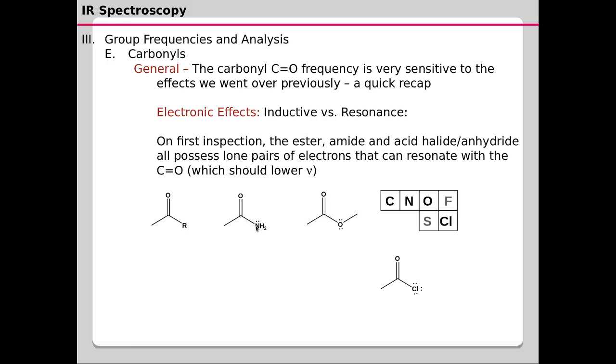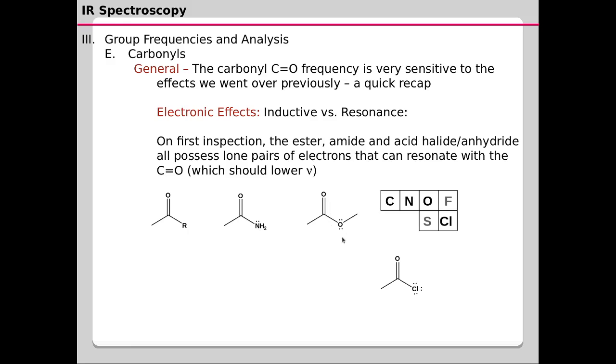So there are two mutually competitive processes. One is the donation of electron density towards the carbonyl carbon by the nitrogen, whereas the other effect is the withdrawal of the sigma bond electron density towards nitrogen through the minus I effect.